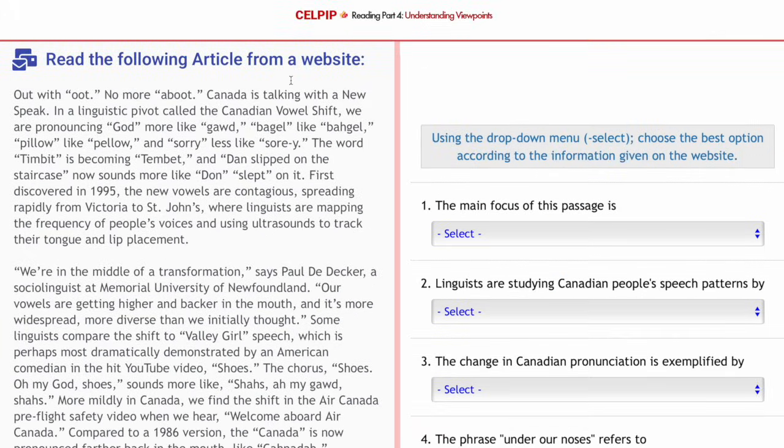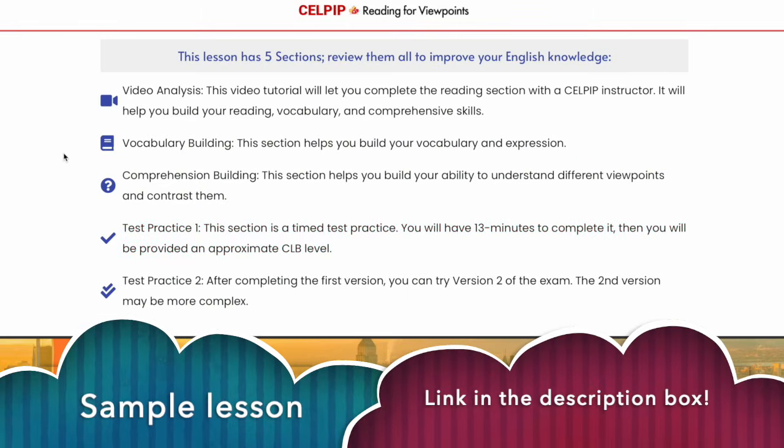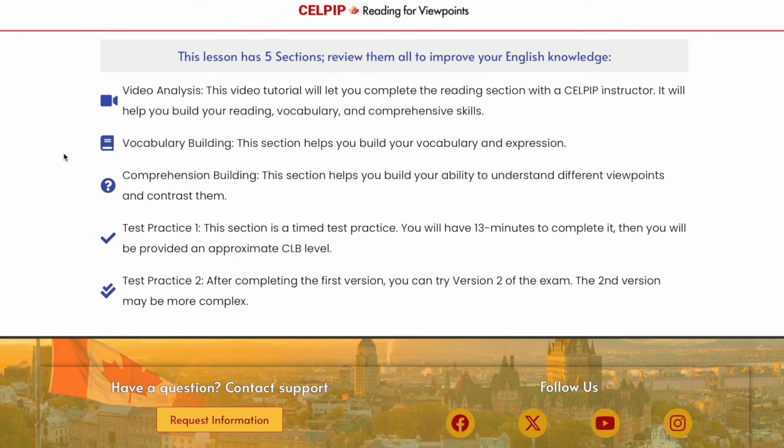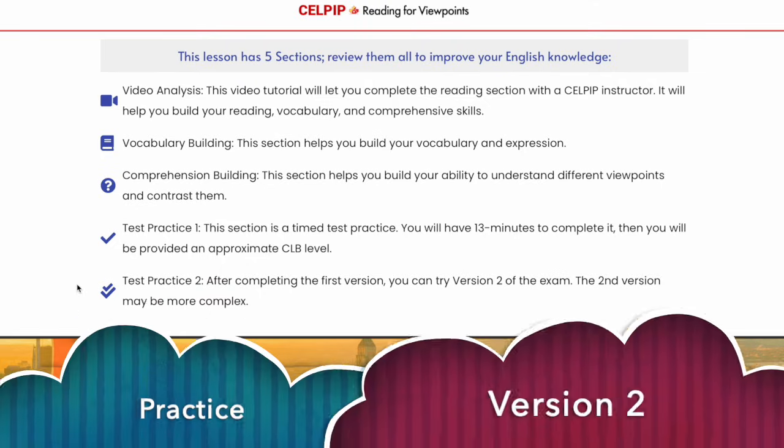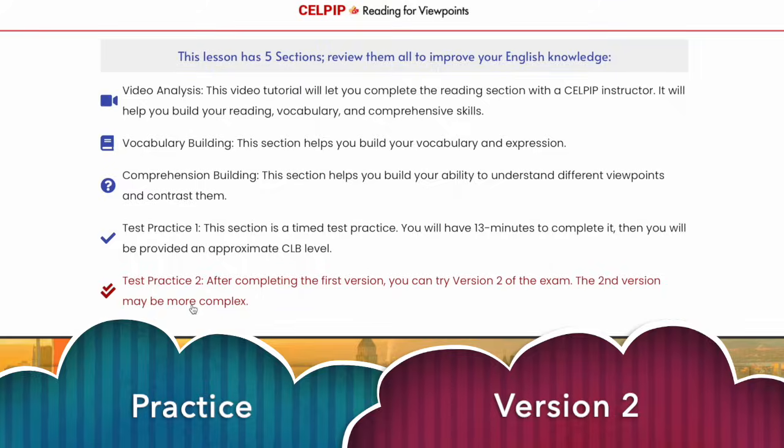And for that, everyone, I have left a link in the description box to our sample lesson. Here it is, where you can practice test practice 1 again, okay? And let's not forget about test practice 2. Test practice 2 will be great.